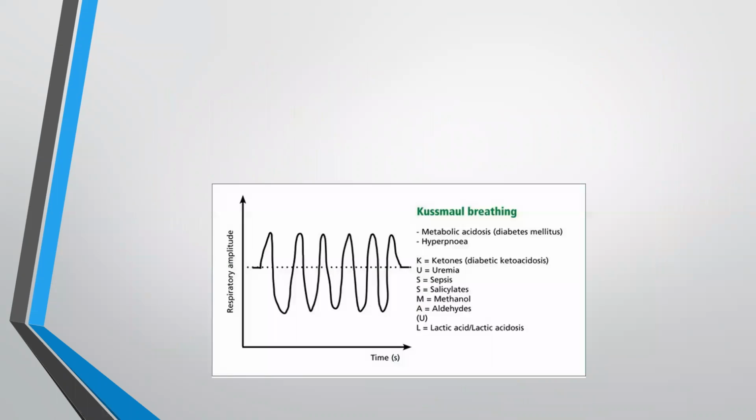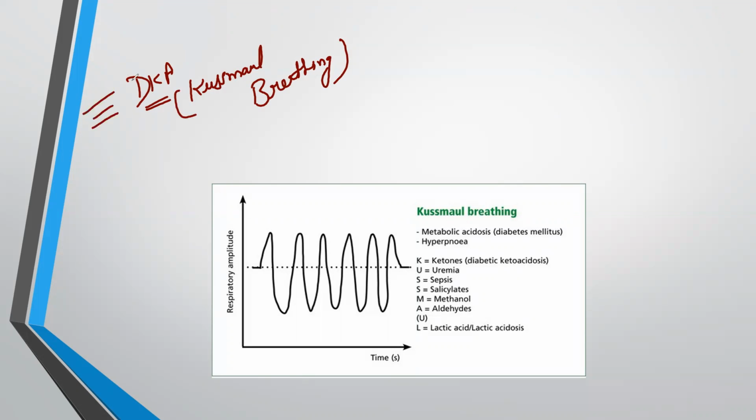Next, the main feature of diabetic ketoacidosis is Kussmaul breathing. This is the main important feature of the metabolic acidosis when the patient is suffering from diabetic ketoacidosis.